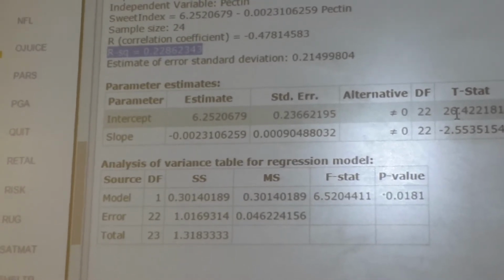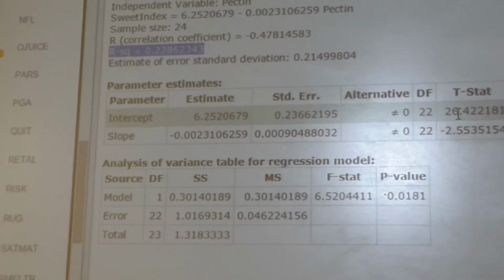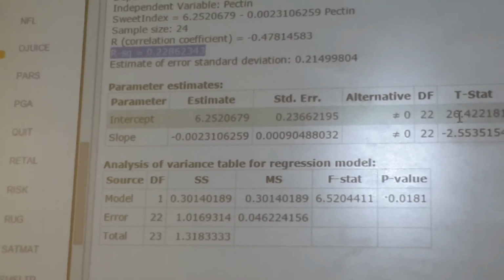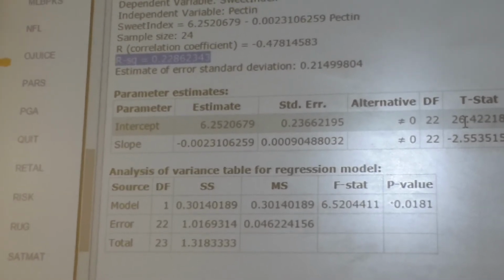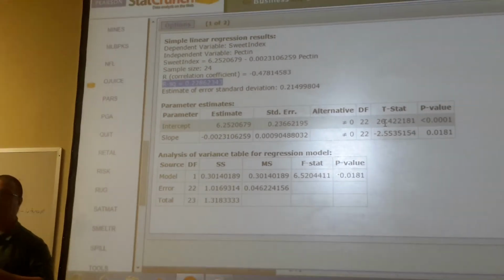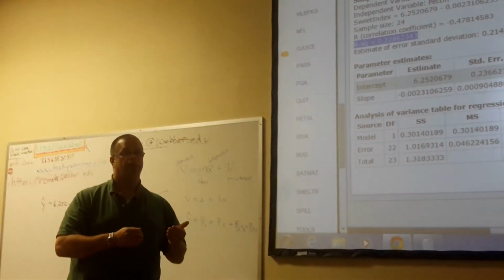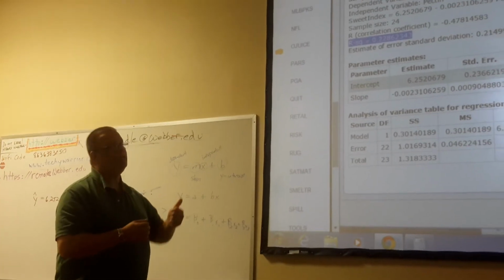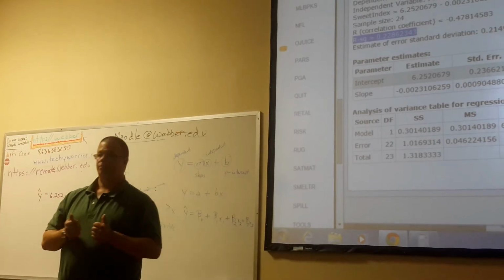And here we see our R-squared value is just about 23%. Technically what this means is that the level of pectin in the oranges, while it is a significant predictor of the sweetness index, only explains about 23% of the variability in the sweetness index.